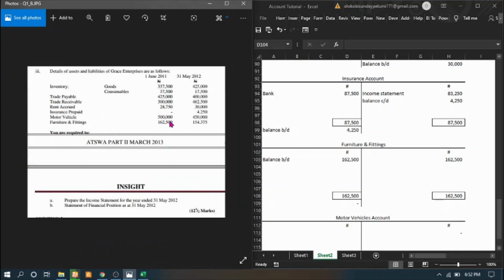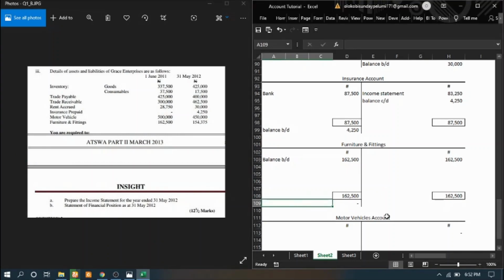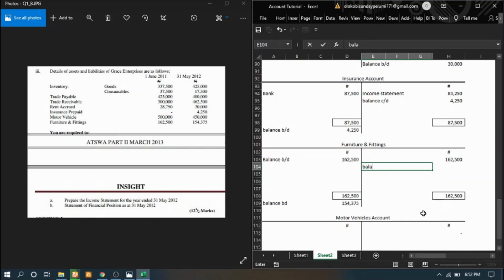And the closing balance will be an opening balance at the beginning of next period. So we have balance b/d here to be the closing balance. By next period, it's going to be an opening balance, and that is 154,375. Can you see? There has been a shortfall. And here we have a balance carried down.